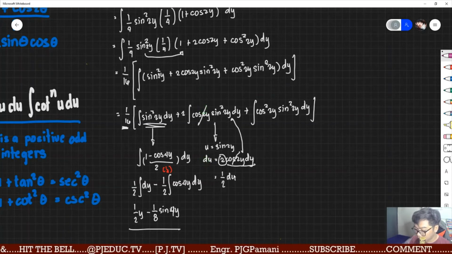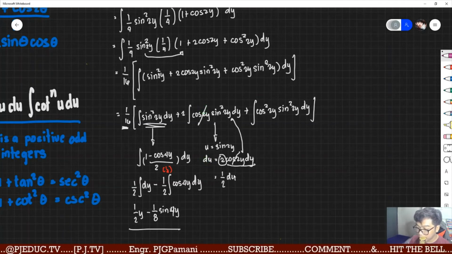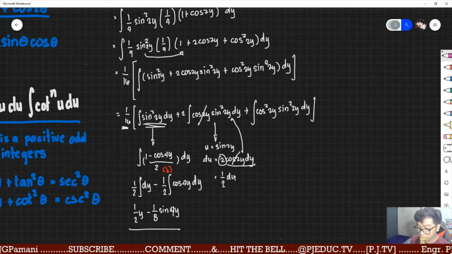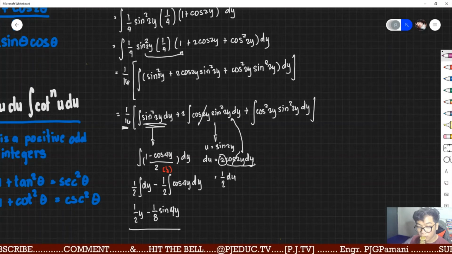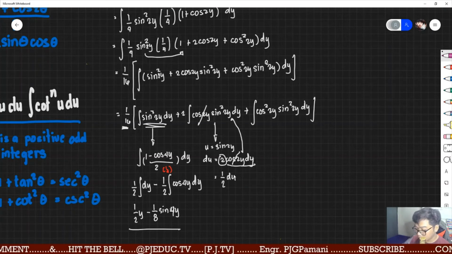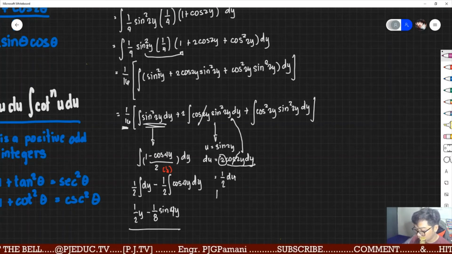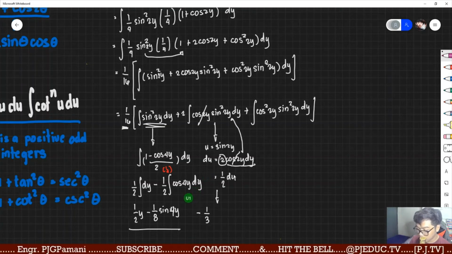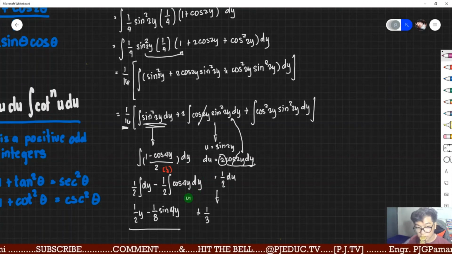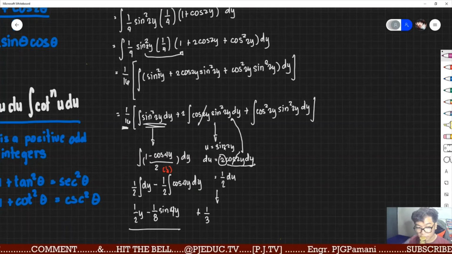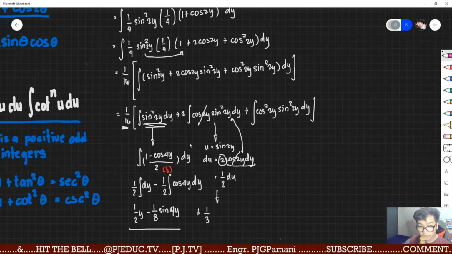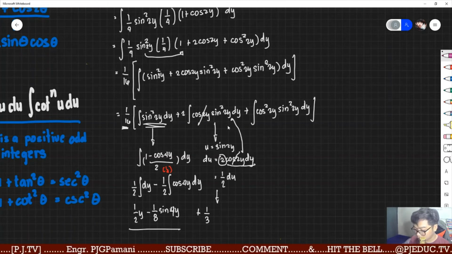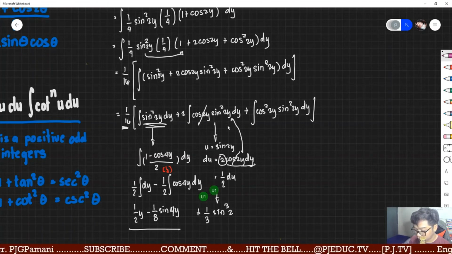Then, integral of that is simply 2 times 1 half. 2 times 1 half is 1. Then, power rule is sine squared 2y. That is now 1/3, positive sine, positive pala yung differential. So, positive. Positive 1 half times 2 is 1. Then, power rule is sine squared 2y. That is now sine cubed 2y.